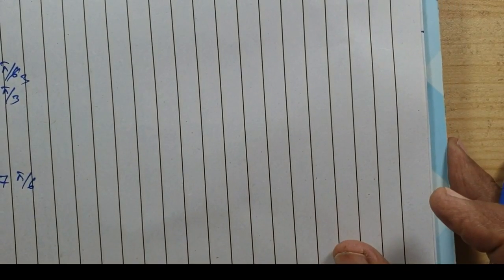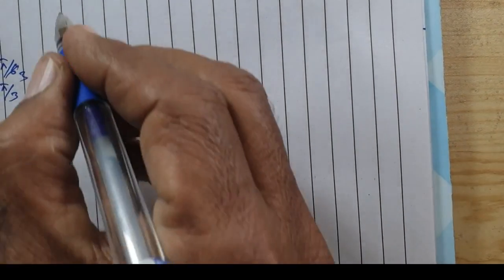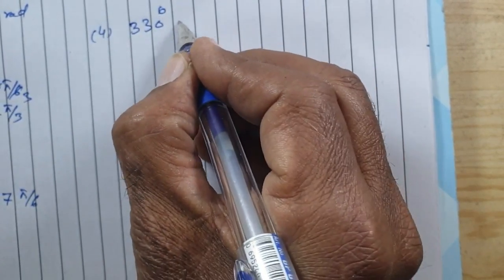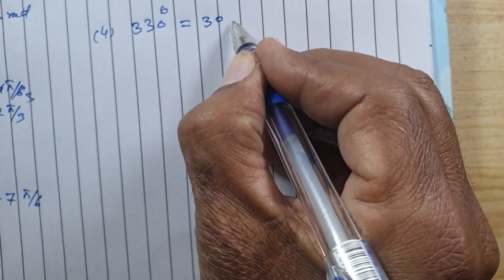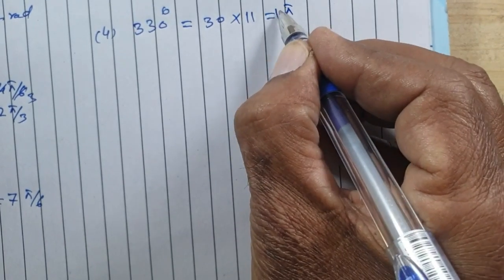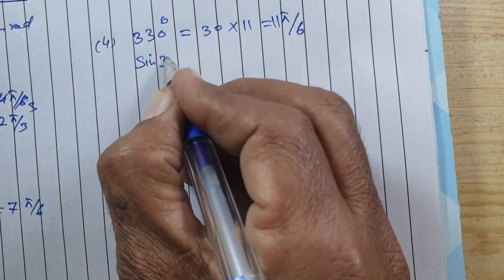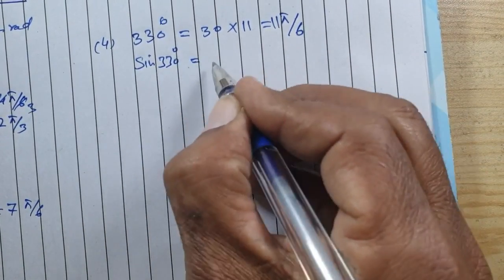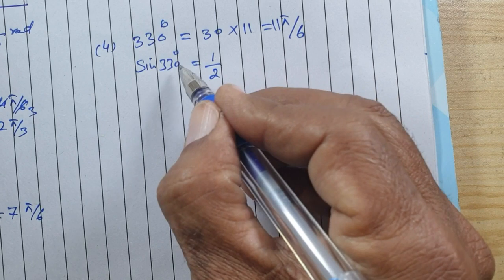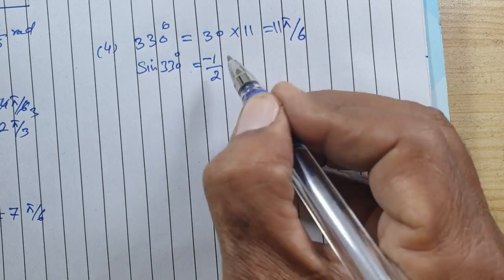We take some other references. 330 degree is 11 pi by 6. For sine 330, the value is for pi by 6, 1 by 2. But the angle is 330. In the fourth quadrant, the sign will be negative.